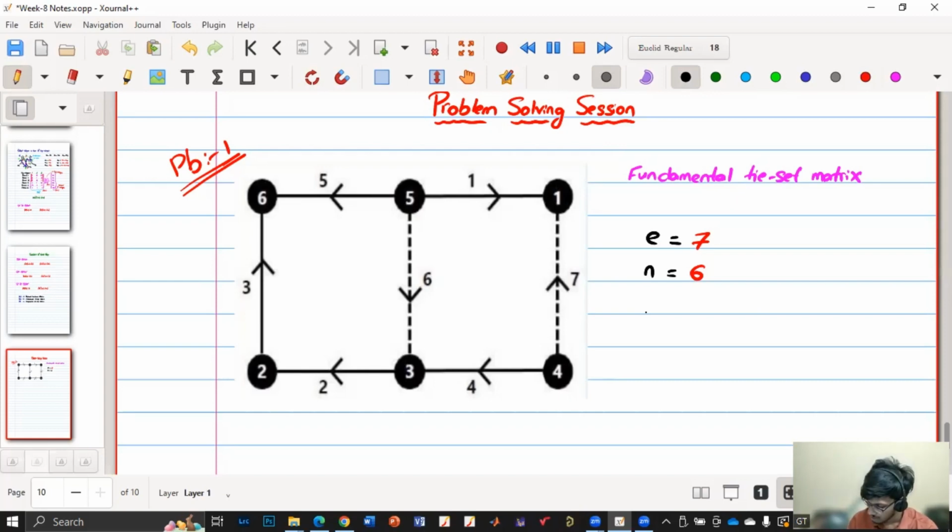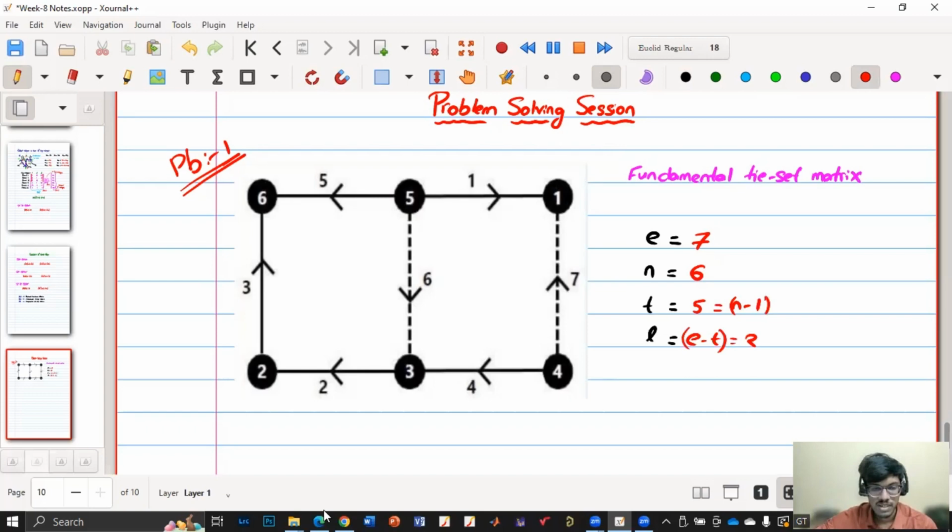So all the nodes are connected. There is no loop formed. So how many twigs are there? 5. And how many links will be there? 2, which is also E minus T, 2. And T is N minus 1. Anyway, it is just the same.